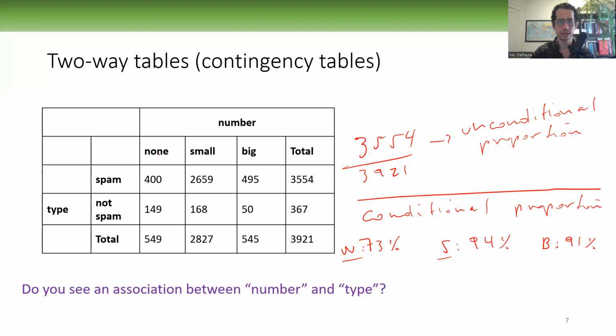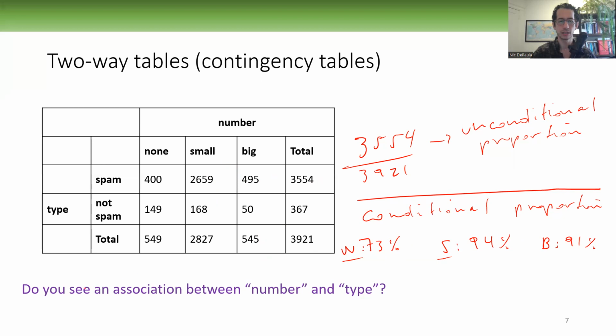Within the emails that have no numbers, 73% of them were spam, and then you can just easily deduce 27% were not spam, right? It's just the difference from 100. Within the small, 94% with a small number were spam, and only 6% were not spam. And then with the big numbers, 91% of them were spam and 9% were not spam.